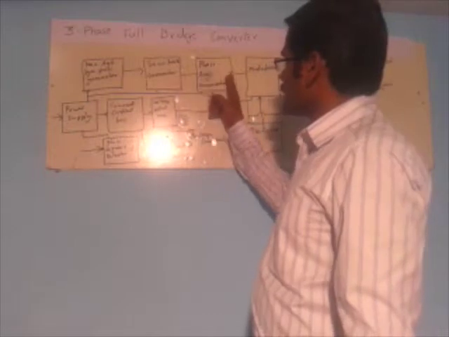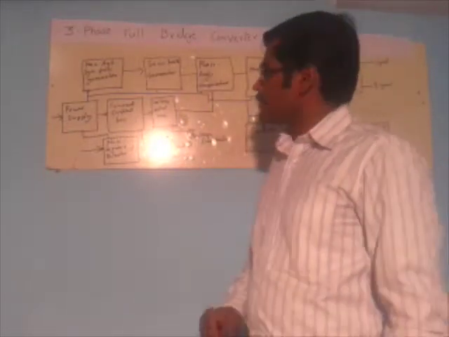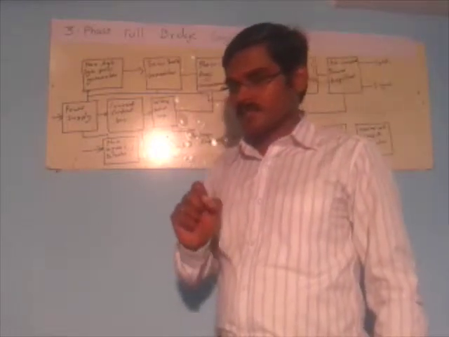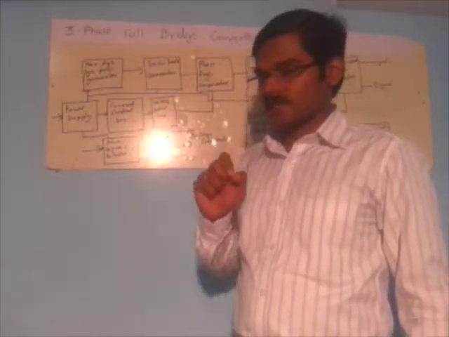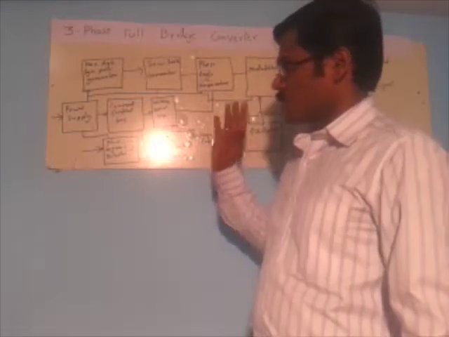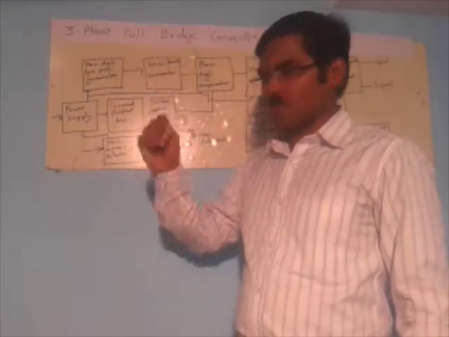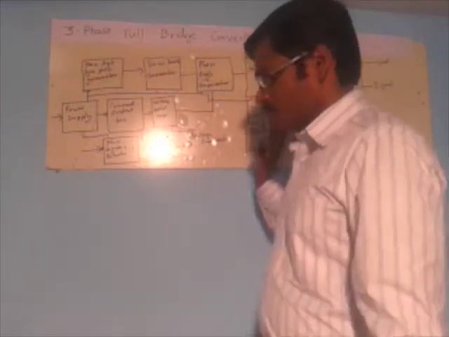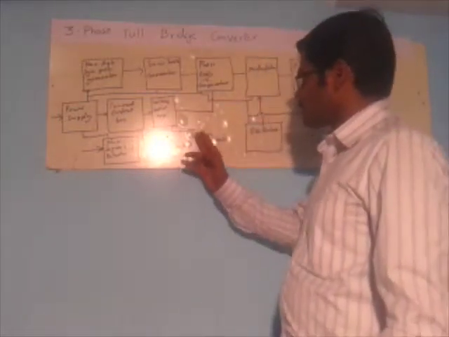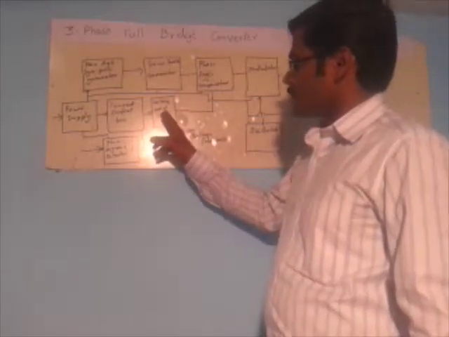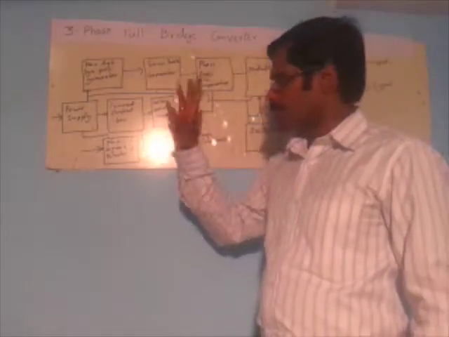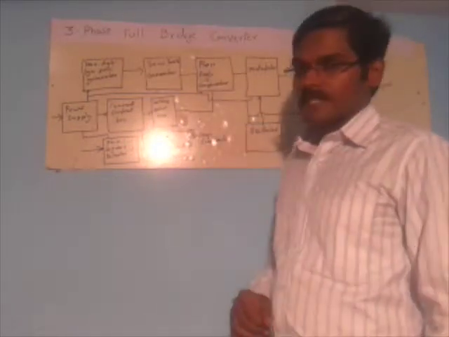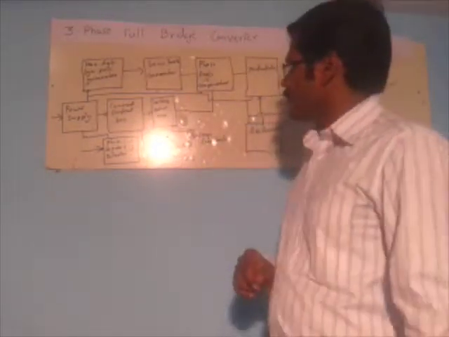Next stage is the phase angle comparator. It is very important, because the phase angle comparator will decide the firing angle of the thyristor. When the output voltage varies corresponding to the input variation, we get some error through voltage feedback, and the error amplifier amplifies that error and feeds it to the input of the phase angle comparator.